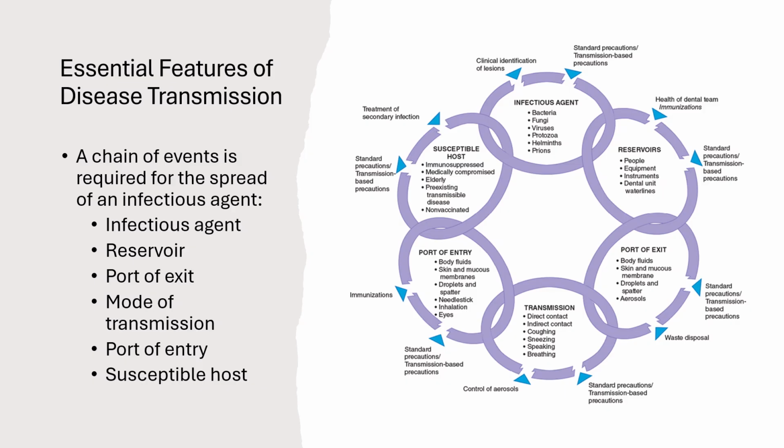That would be like a bacteria or a virus. And each infectious agent has its own specific reaction in its infected host. Now, the reservoir is where the infectious agents are found in their own essential environment, which may be an instrument, a dental water line, or even blood.